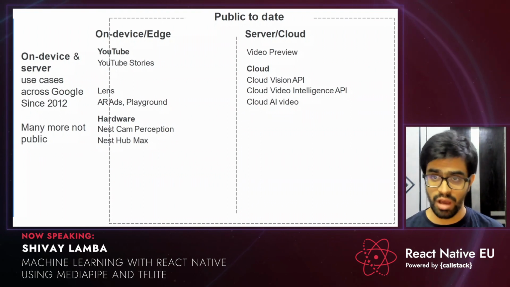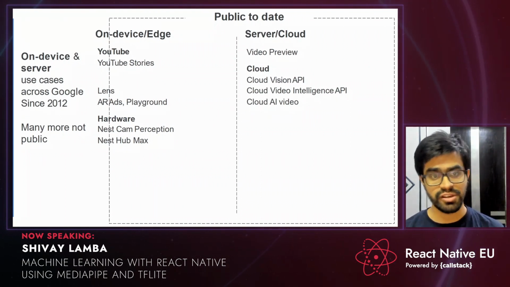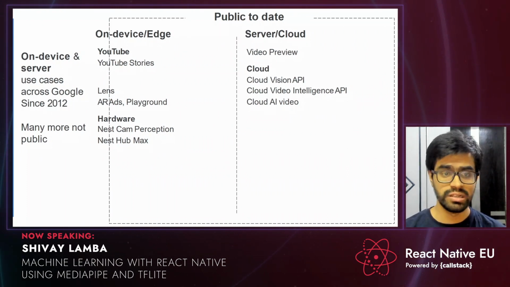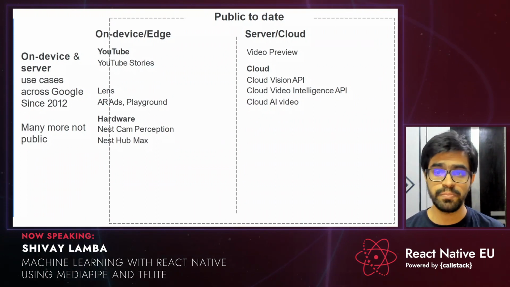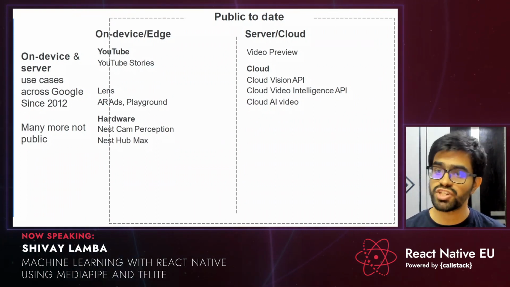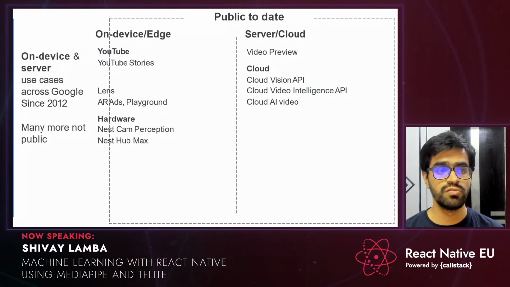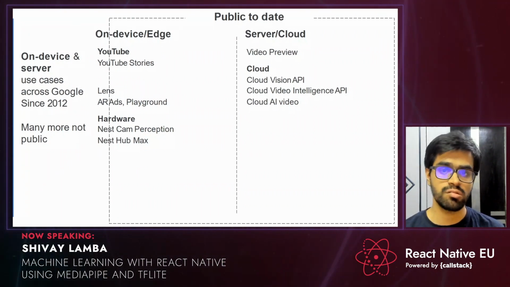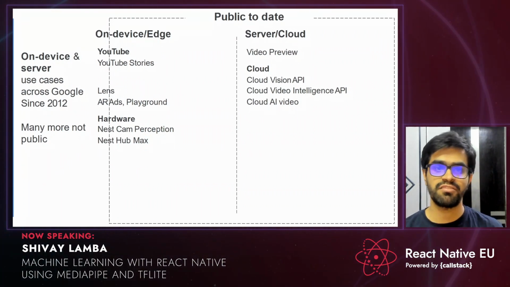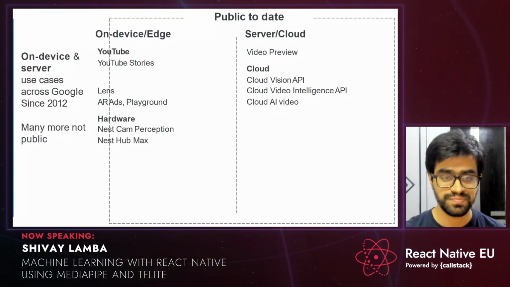Right now, we see it being used in things like Nest Cam, the security cams. We see it in Google Lens, AR ads. We see it even in GCP, specifically in the Cloud Vision API and Cloud AI videos. So all these are different solutions provided by Google which internally use MediaPipe, and that is what makes it so versatile across different platforms and not just limited to mobile devices.